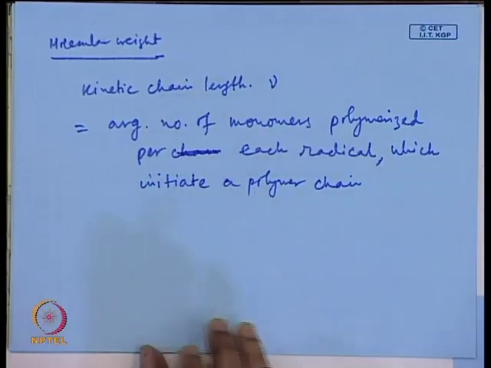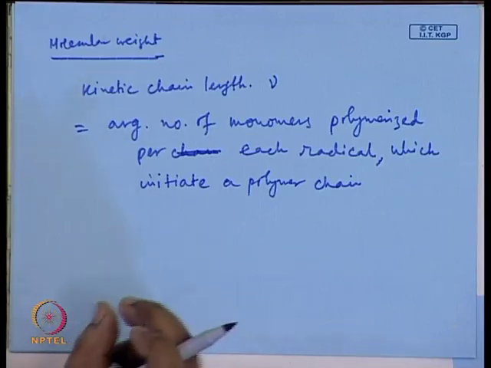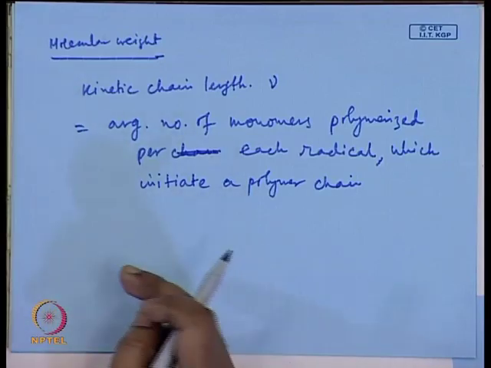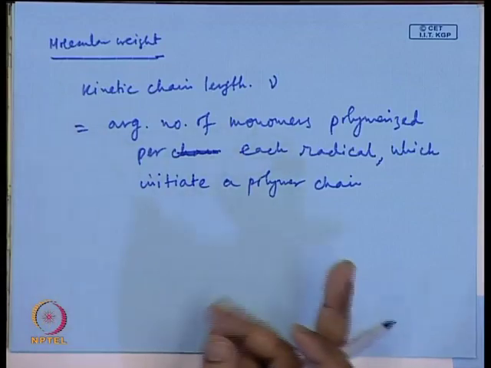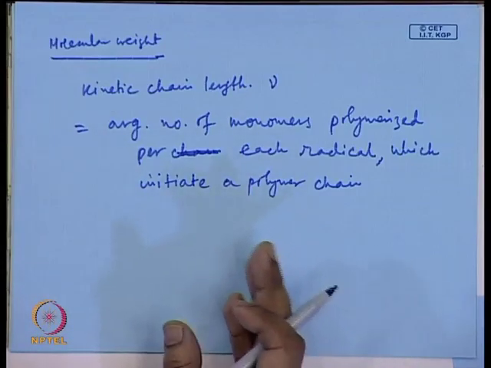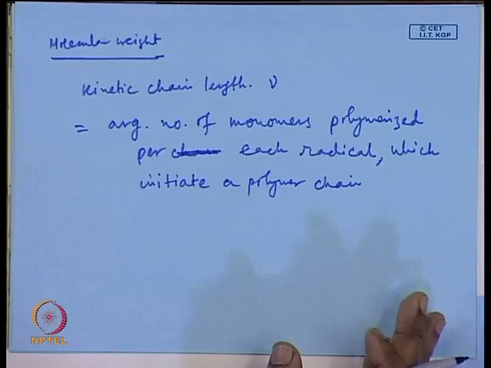So, it is the average number of monomers which polymerize per radical which actually initiates the polymerization. As I said, some of the radicals get consumed by side reactions or other reactions which do not initiate a polymer chain.